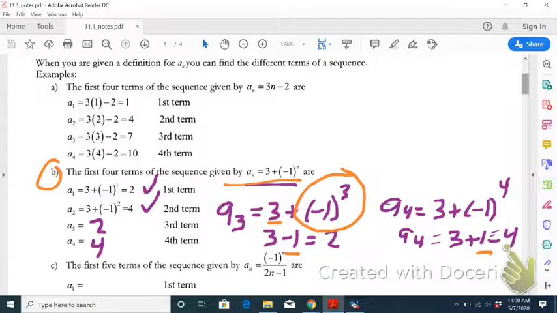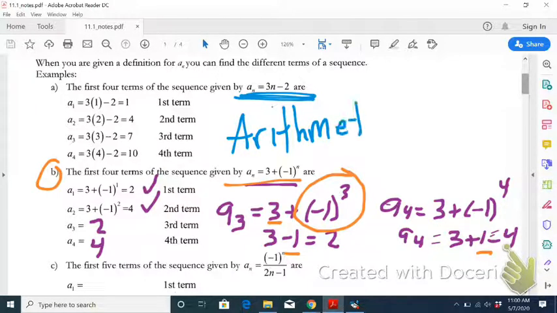The one above that we did previously, that's a special type of sequence called an arithmetic sequence. And we're going to spend the whole section on those. But arithmetic sequences are pretty much sequences that have functions that are linear. So they go up by the same number each time. Notice how these go up by 3 each time.